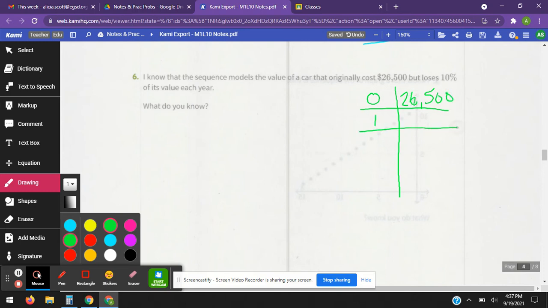So after the first year, it loses 10%. Well, if it loses 10%, what percentage is it keeping? Well, if you start with 100 and you lose 10, you're down to 90%. So we are going to times 0.9 each time on here.